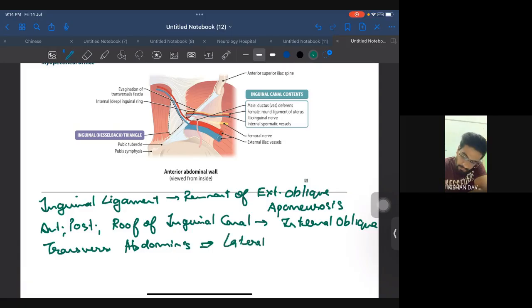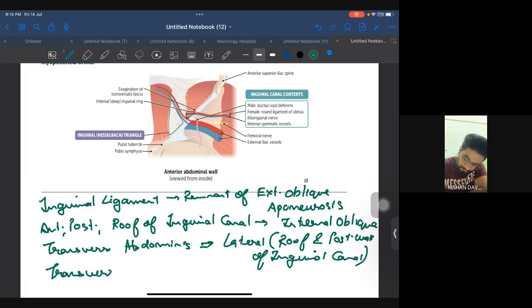That is roof and posterior wall of the inguinal canal. And the last one is transversalis fascia, which forms the floor.